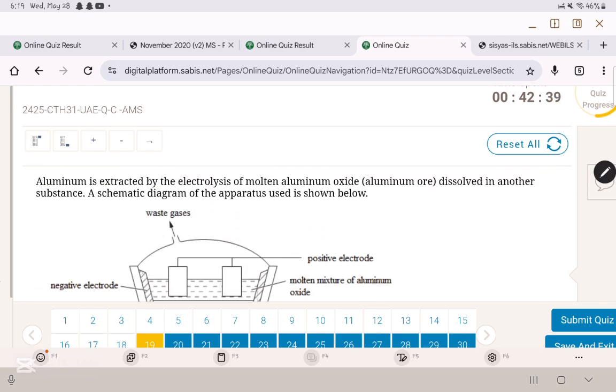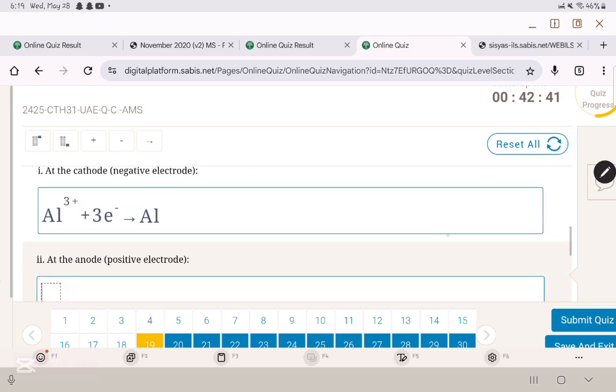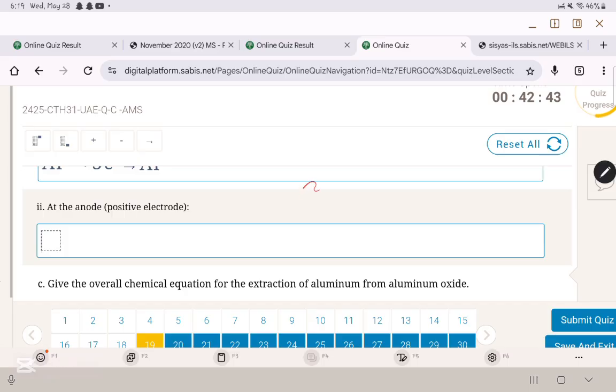aluminum oxide. So we got rid of the aluminum, we still have the oxygen. So O, which is usually 2-, will react to give us oxygen gas, remember O2, plus a specific amount of electrons, because it will undergo oxidation, meaning a loss of electrons. As you can see, it's not balanced, so in order to balance it, you put a 2 over here. Now, how many electrons do you have?